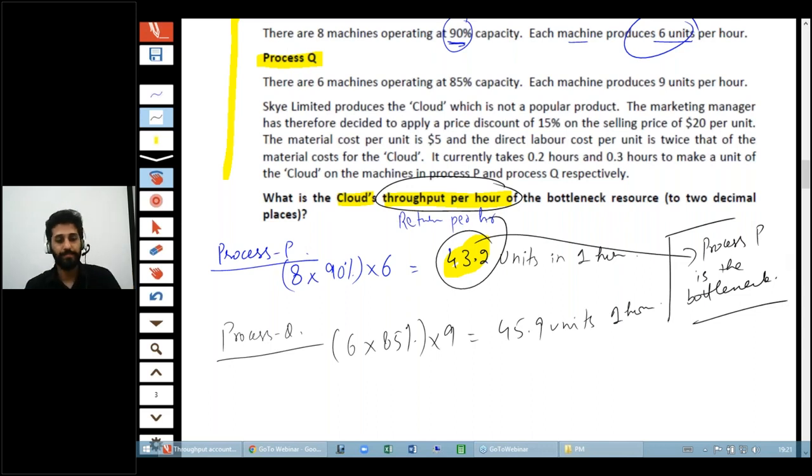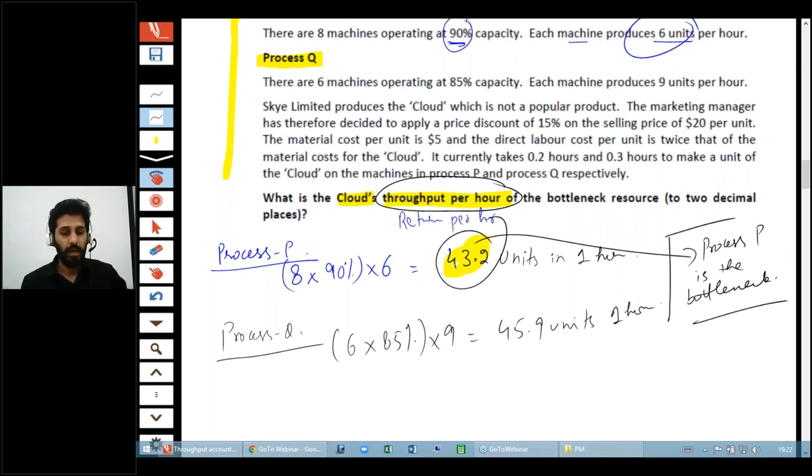All right. Okay, Shushmita, I am repeating it again. Please reply in the question box. Do you agree with this 43.2 units? How are they computed?